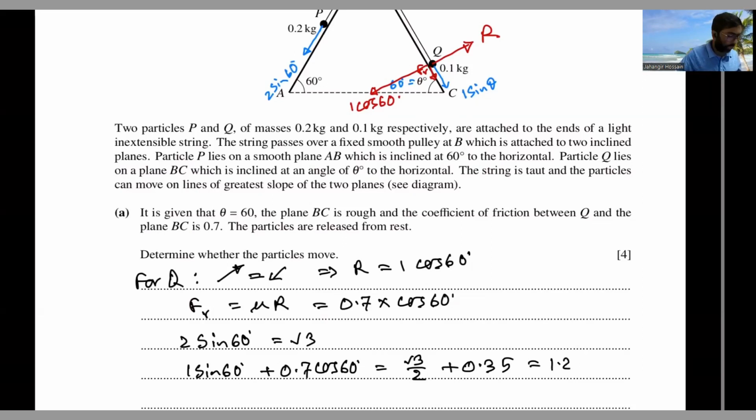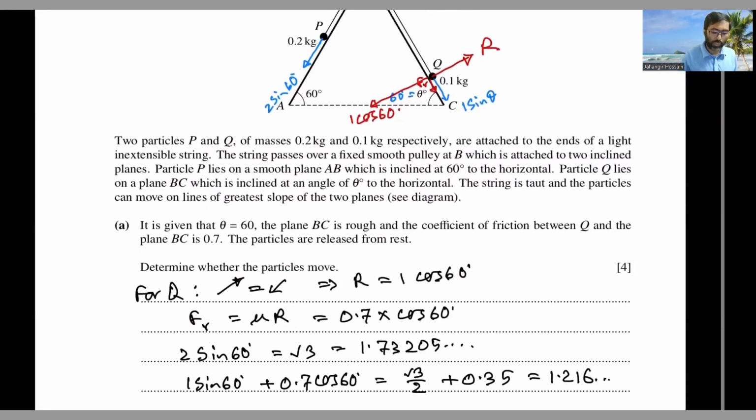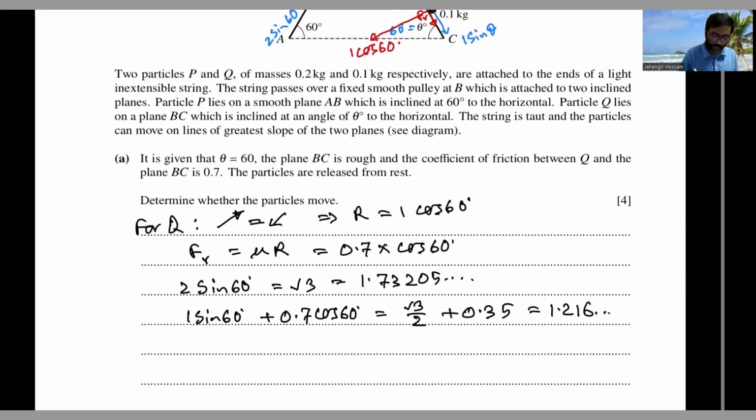One side is 1.216, and this, root 3, is 1.7205. So for particle P, 2 sin 60 is greater than friction plus 1 sin 60.